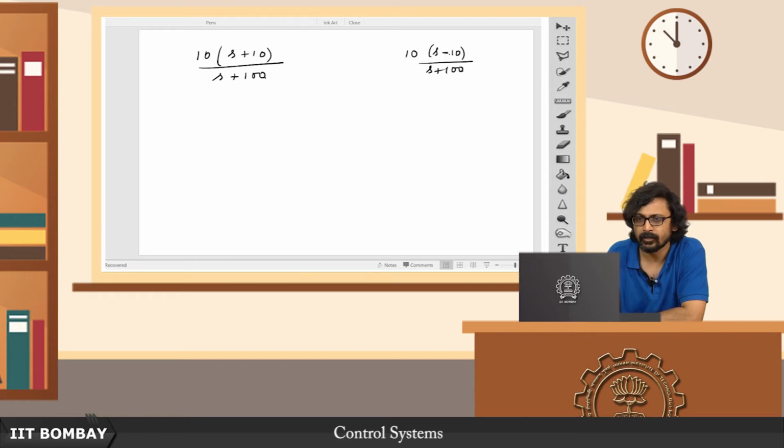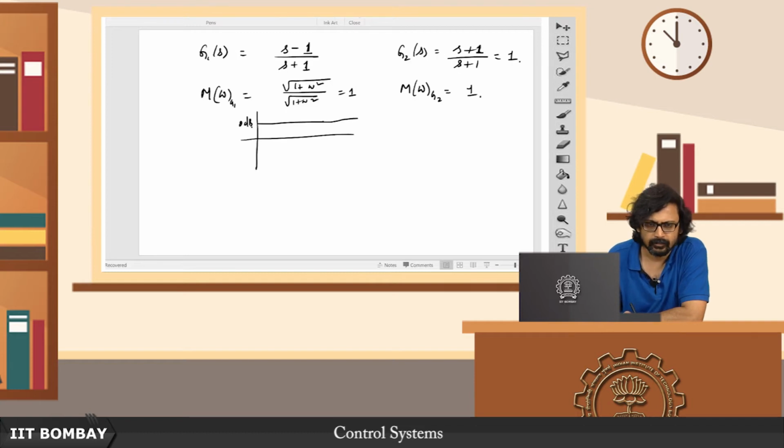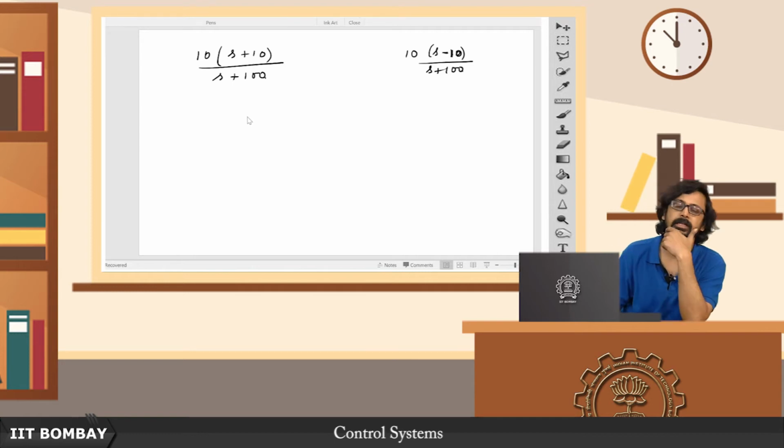Once again, this will also have the same magnitude plot as this. You can immediately see that it does not require too much thought, because you just pull out this 10 from here, so it is 100, and you pull out this 100 from here, so it is a unit gain.